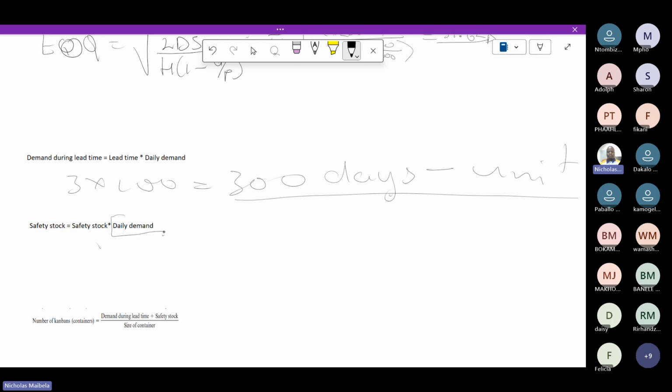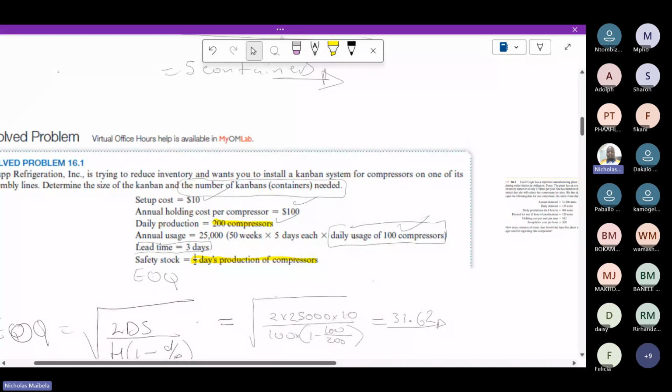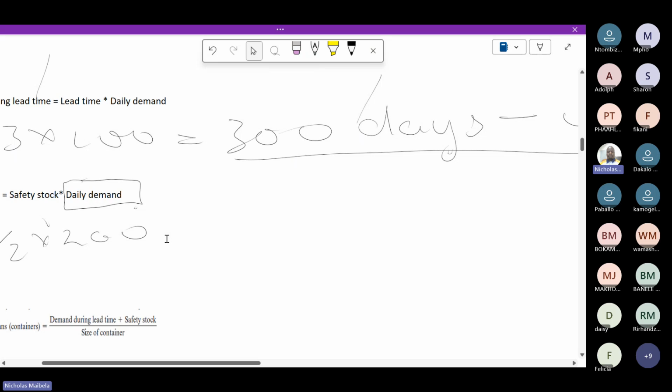They already told the formula, so it's half of multiplied by the production, which is, I believe, 200. They said the safety stock is a half day of production compressors. Daily production compressors is 200 there. So it's half of 200, which is 100. That you might not pick up in a test, in an exam, and it will come back with you.